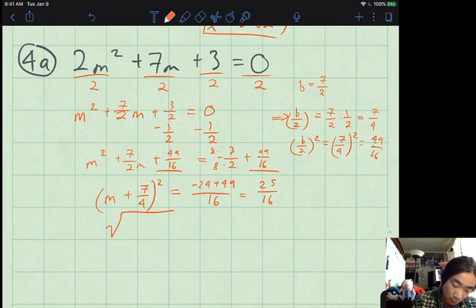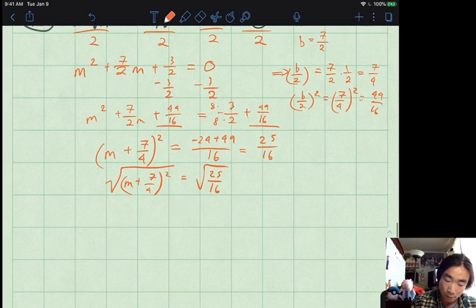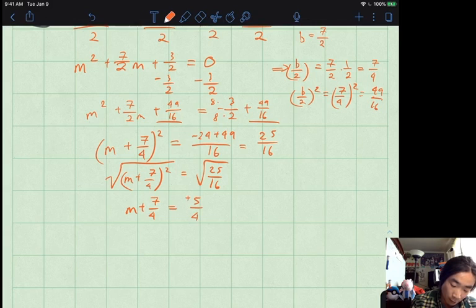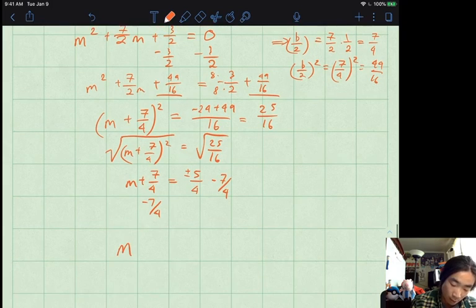As I square root this stuff, to undo the square, I have to take the square root of 25 over 16. You know the square root of 25, you know the square root of 16, 5 over 4. Place them together. 5 over 4. Don't forget your plus and minus. Take away 7/4, take away 7/4. We get m is equal to plus or minus 5/4 minus 7/4.